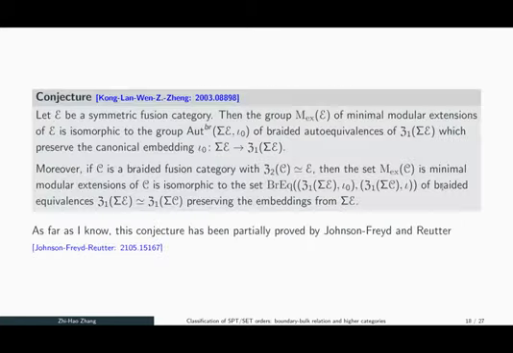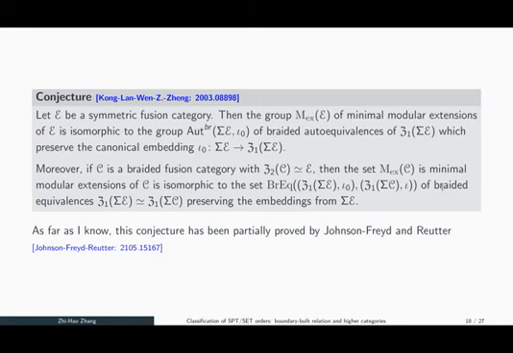Okay, so we try to write down this conjecture. We have a symmetric fusion category E, and now we have a group of minimal modular extensions, and it should be isomorphic to another group which contains braided autoequivalences of the junction center of sigma E, and they preserve the canonical embedding.